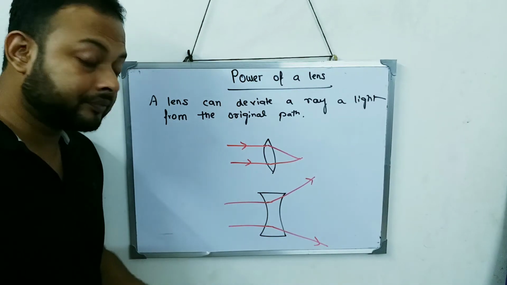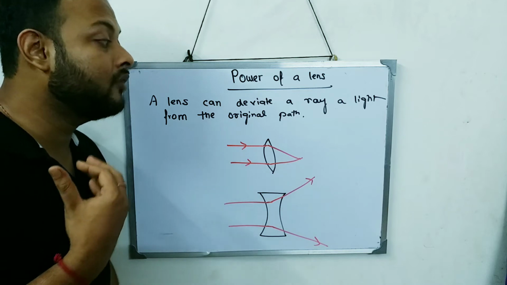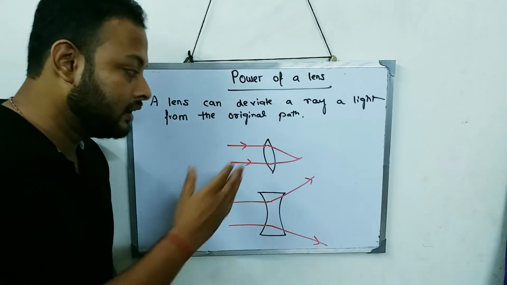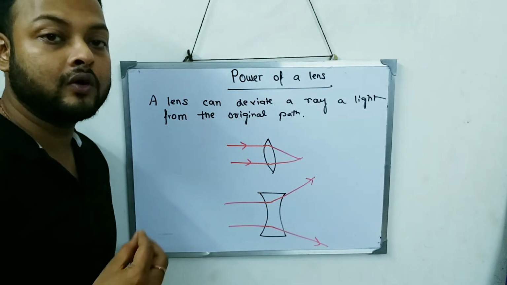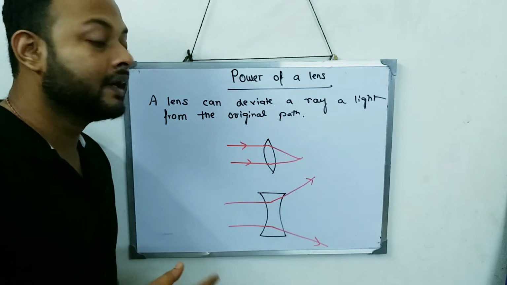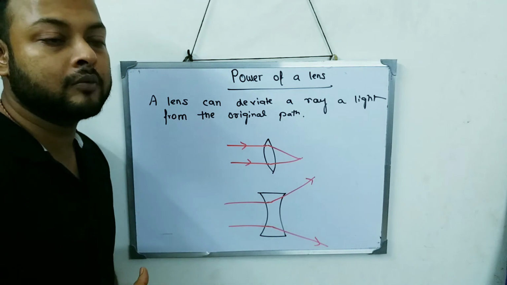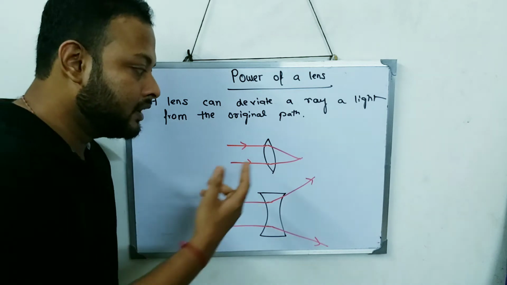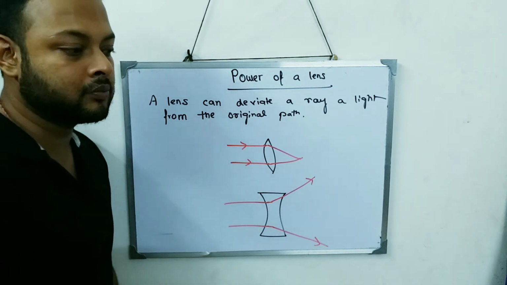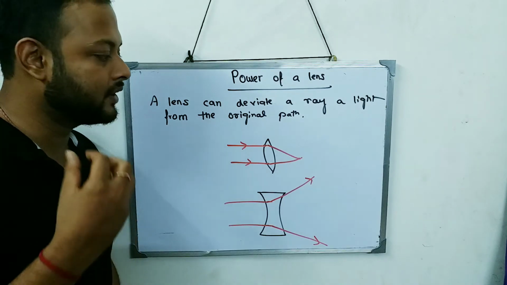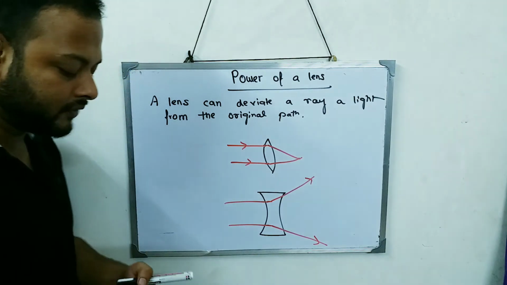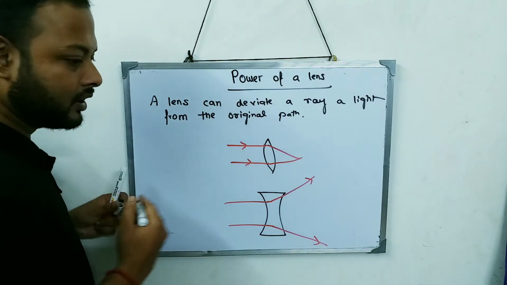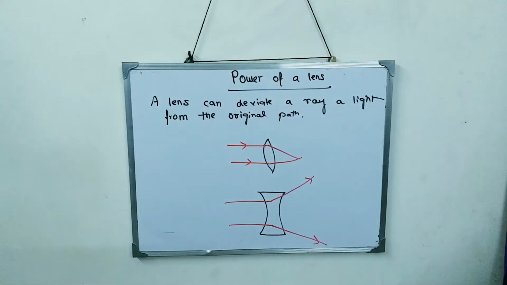Now the amount of deviation a lens can do is expressed in terms of power. That is what you have to know. Some lenses can deviate the rays more, some lenses can deviate the rays less. Suppose I take an example like this.